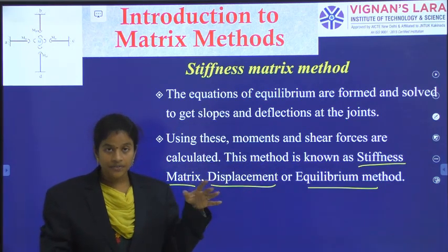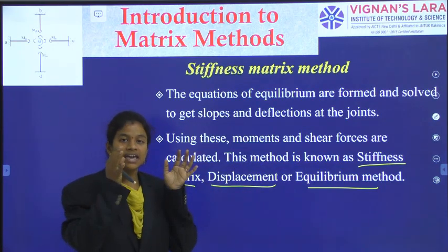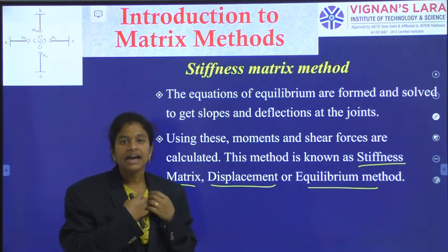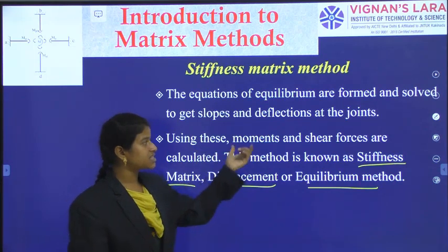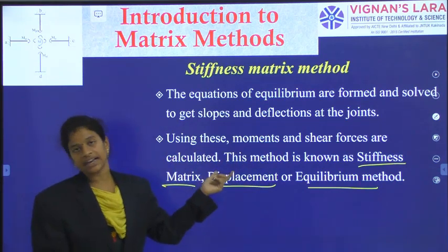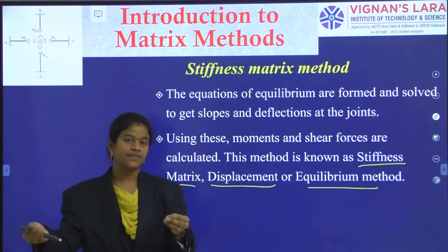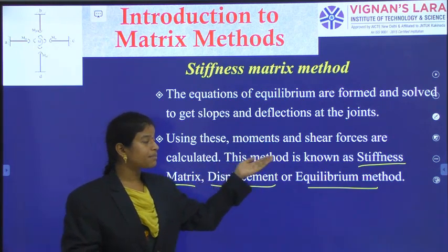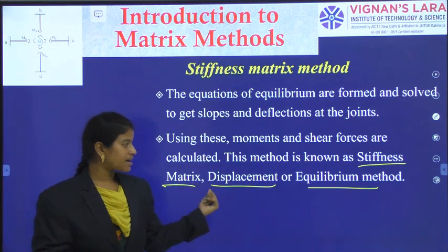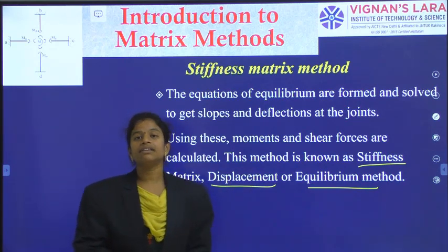As the equations of equilibrium are helping me, I am using this as the equilibrium method. Using this, moments and shear forces will be calculated. As the slopes and deflections are known, I calculate the corresponding moments and shear forces. This method is known as the stiffness matrix, displacement or equilibrium method.